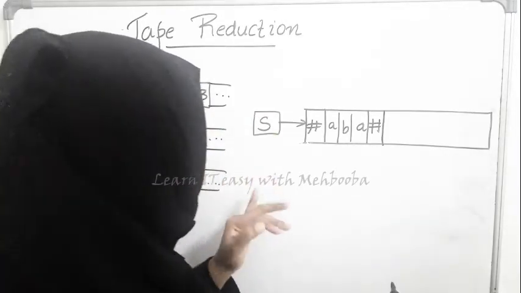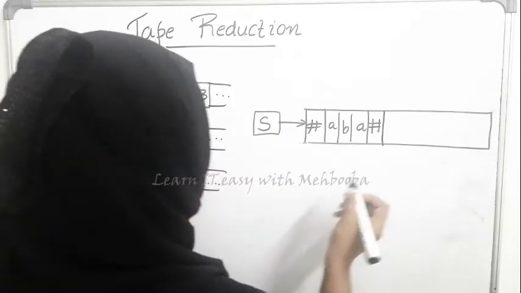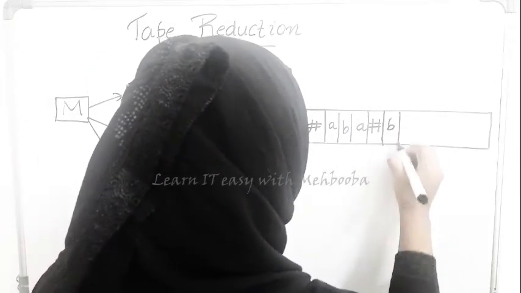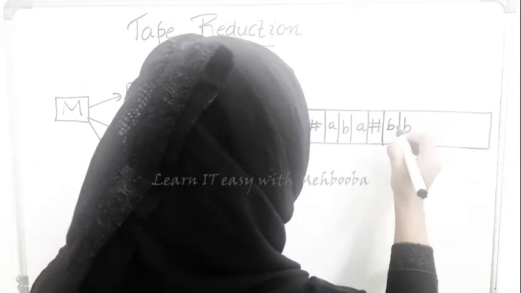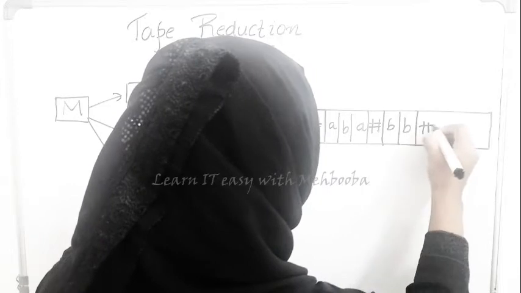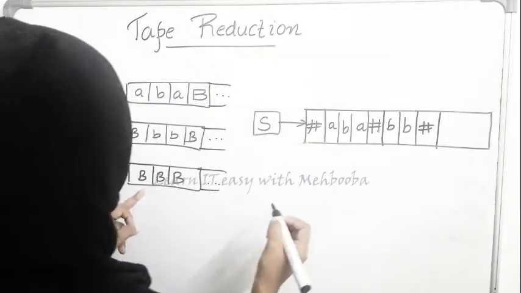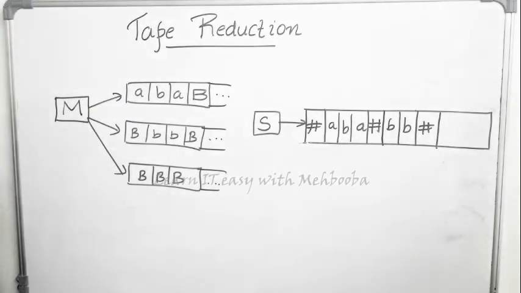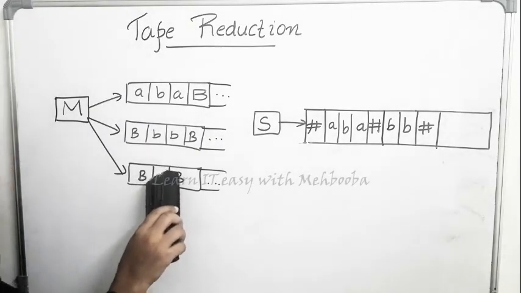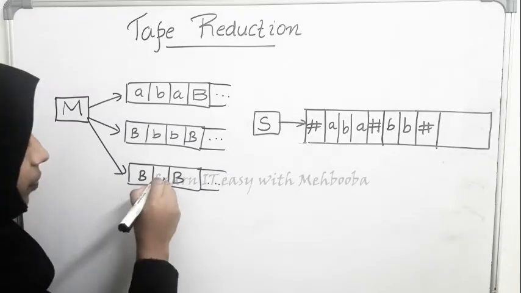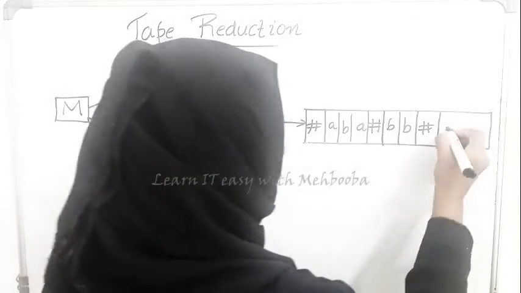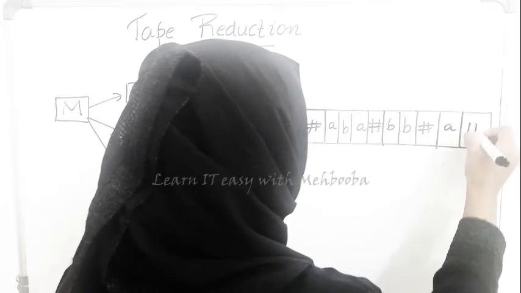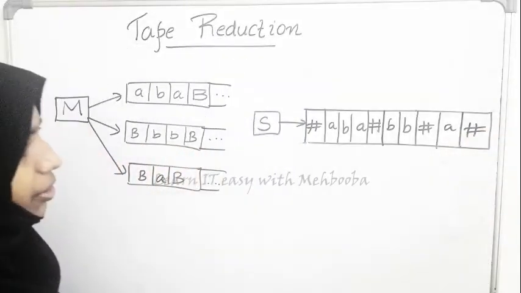So there is no point in storing the blanks. Now it is BB for the second tape. So hash again as the delimiter. Now it's whole blank in the third tape. For the sake of an example, I will convert this into some A. Now A and a delimiter to indicate the end.